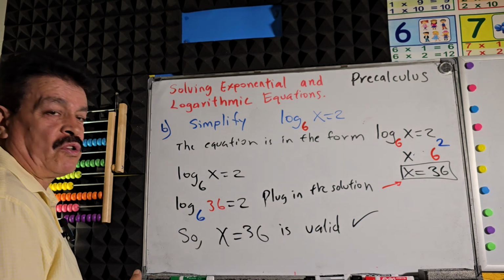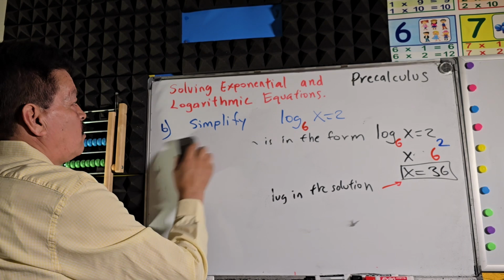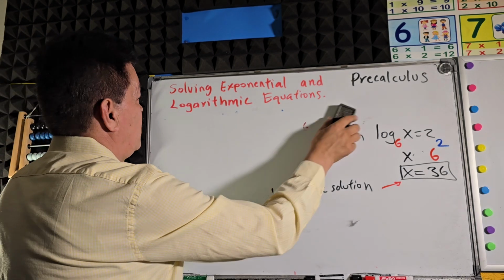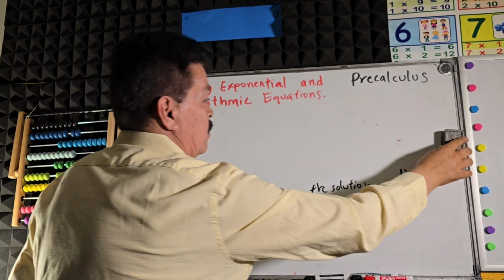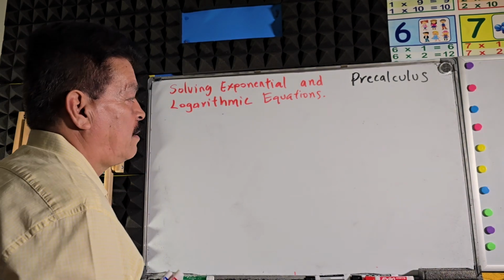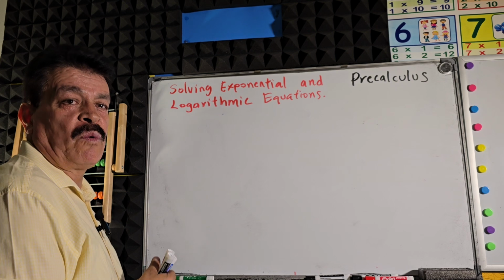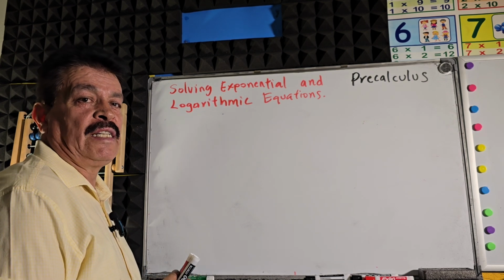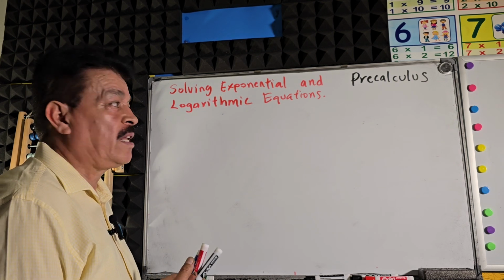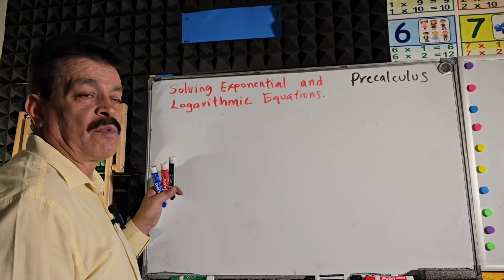Let me show you a different kind of problem when we work with exponential and logarithmic equations, with one more degree of difficulty. The next one: we have to solve an exponential equation using logarithms.